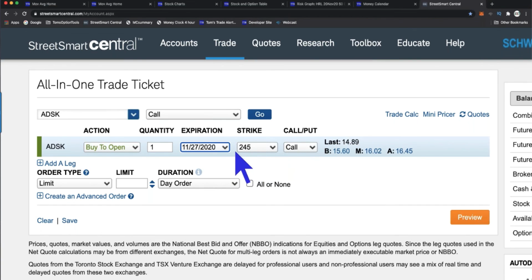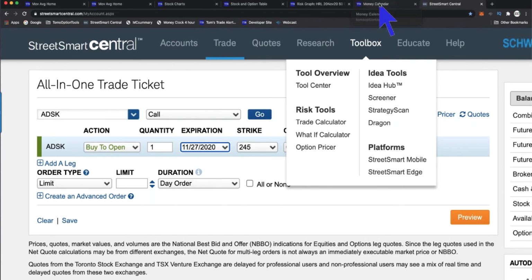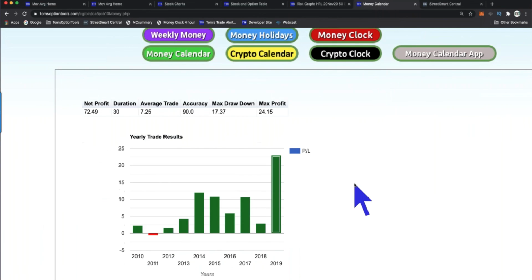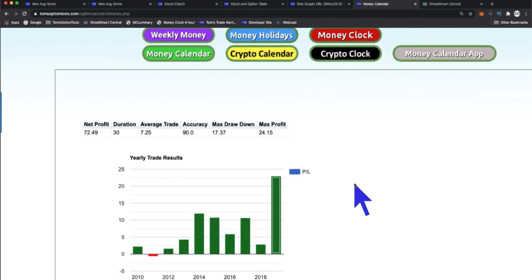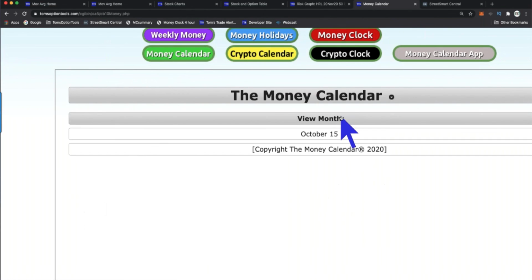And if it takes until almost Thanksgiving to get to $2.55, my options are only going to be worth 10. If I paid 16 for them, I lose money. So a lot of times the calendar's got some great opportunities, but maybe the call option is not the best thing to take on.